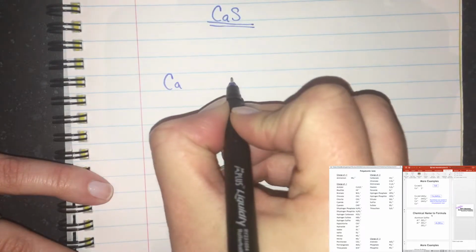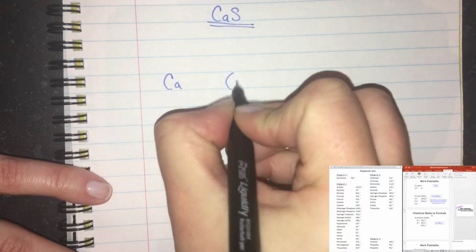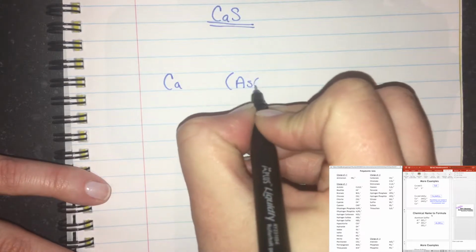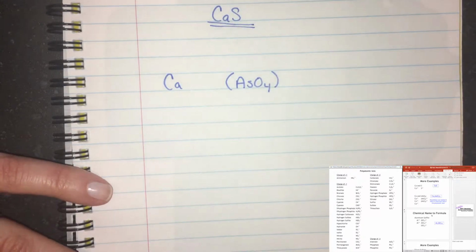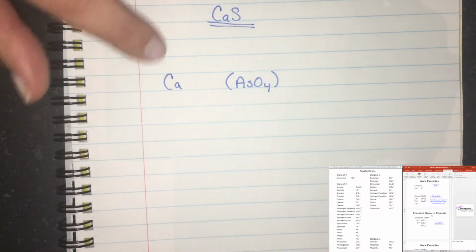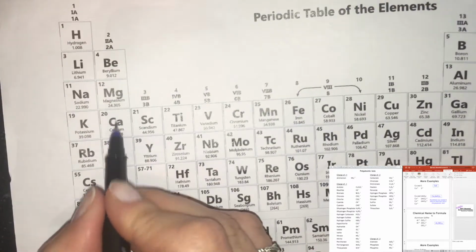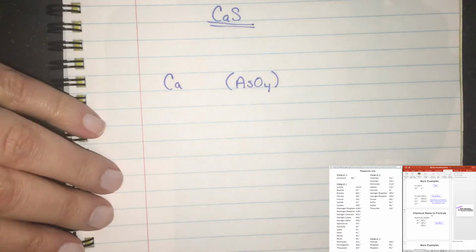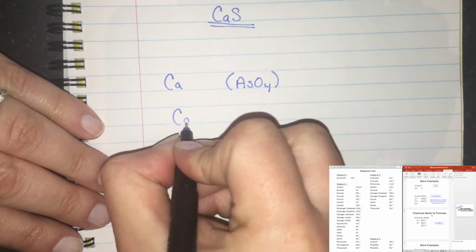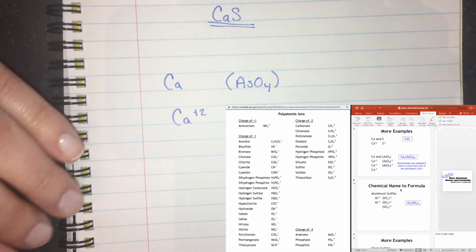Next is calcium, Ca, and then this weird thing, AsO4. So obviously, we know calcium, right? We know where to find it. That's easy. Calcium's on the periodic table. It's a +2 charge. So easy. Calcium with a +2 charge.